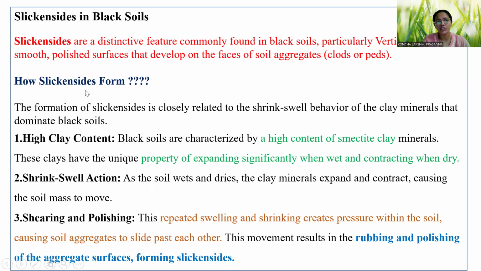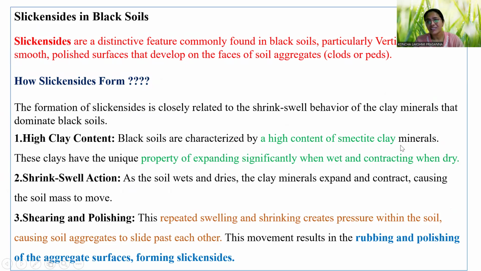So how are the slickensides formed? They are closely related to the swelling and shrinkage behavior of the clay mineral present in the vertisol soil order. The presence of a high amount of clay content is mainly characterized by a high amount of smectitic type of clay mineral.